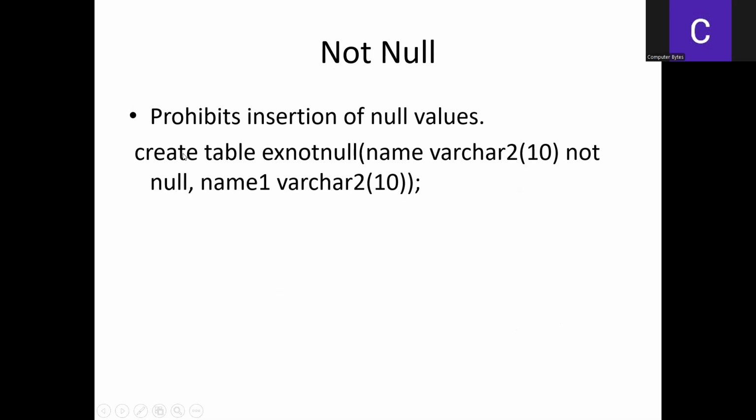So in this example, create table x not null is the table name, and name is the field with the data type varchar2 of 10. After that, I am giving the constraint as not null. Comma, another field is there, and I didn't mention any constraint over there. What happens here is that for name, you should definitely insert some value. You should not leave it empty.